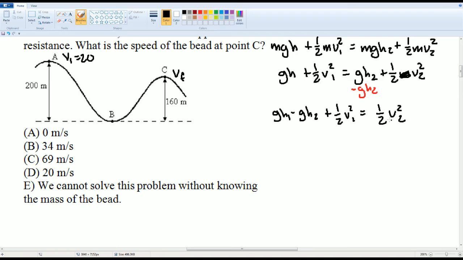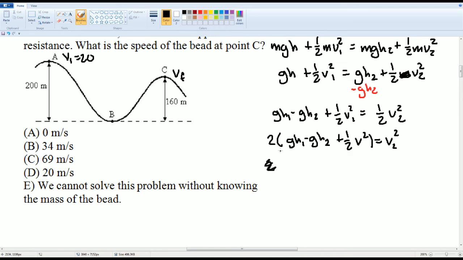I have to still multiply by 2, so this becomes 2gh1. I could do 2g times h1 minus h2, plus 1/2 v squared 1 is equal to v squared 2. Yeah, okay, that works. This makes more sense. I should square root it, but I'm just going to leave it right here, okay?